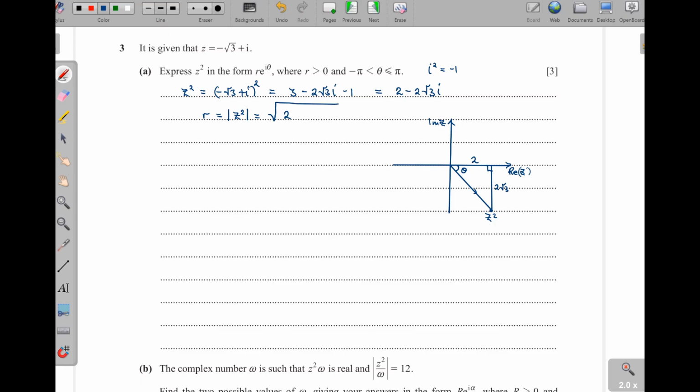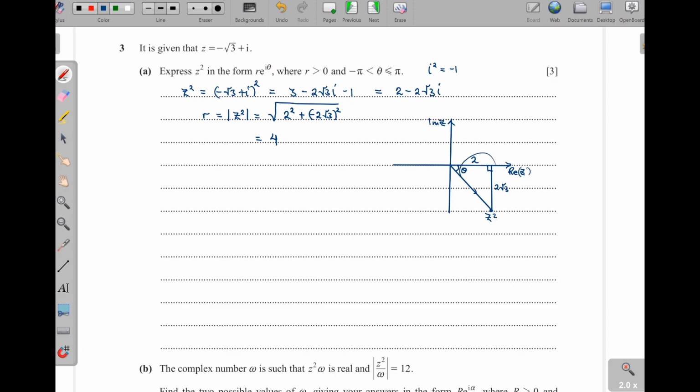We shall have 2 squared plus minus 2 root 3 squared. Then 2 squared is of course 4, plus this one here is 4 times 3, 12. Now 12 plus 4 gives us 16, then root of 16 will be 4. So this whole thing gives us a 4.